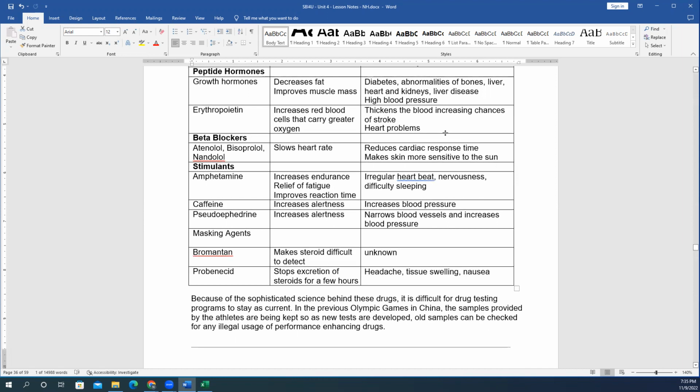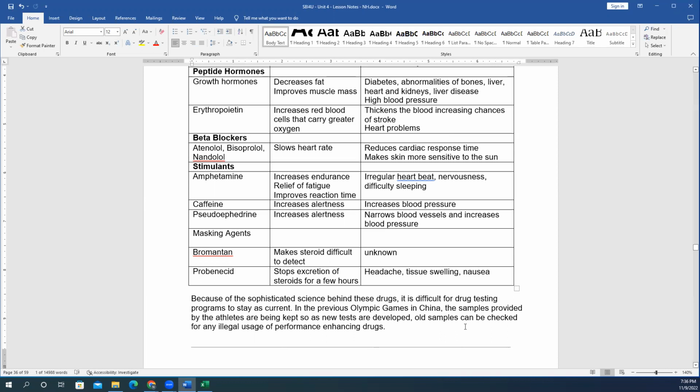Because there's quite a bit of sophisticated scientific method behind these drugs, it might be difficult for drug testing programs to stay on top of all the new medications and all the new performance enhancing drugs that are constantly being developed.